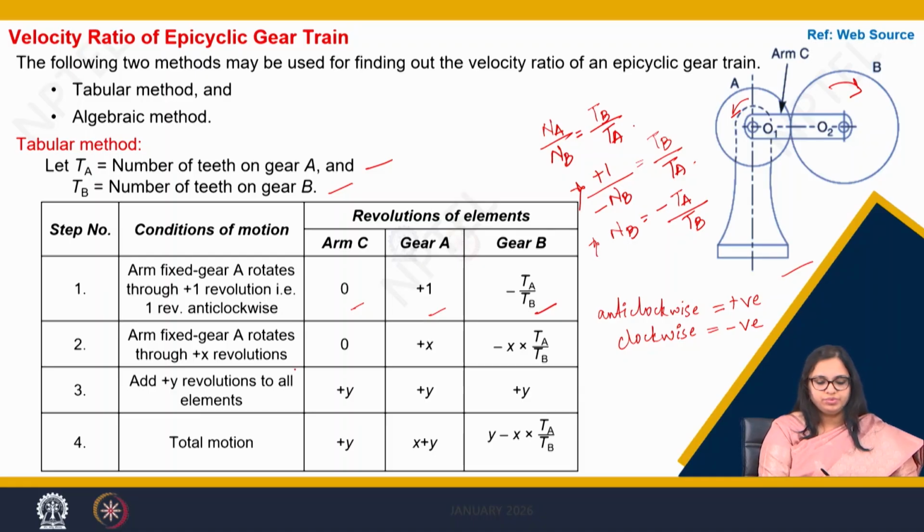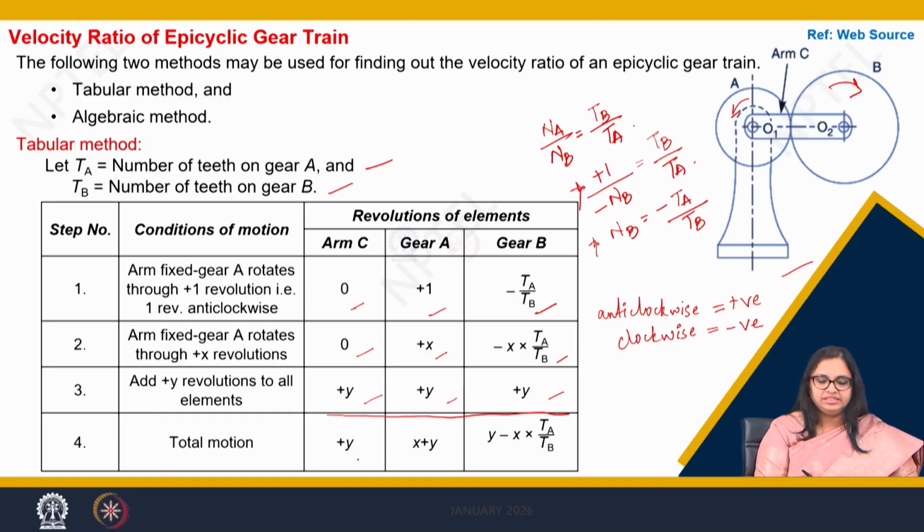Now we do the same thing where my arm is fixed and gear A is given +X revolution. So gear B will have -X TA by TB times the revolution. Now we add a +Y component to C, A and B, and then we add all these motions.